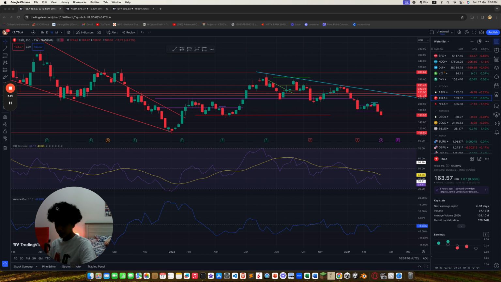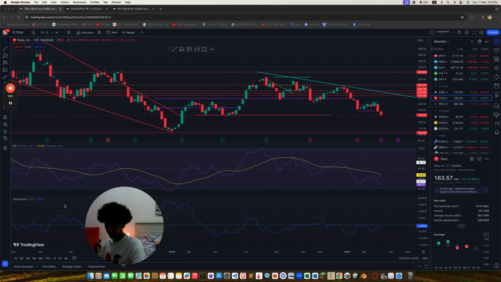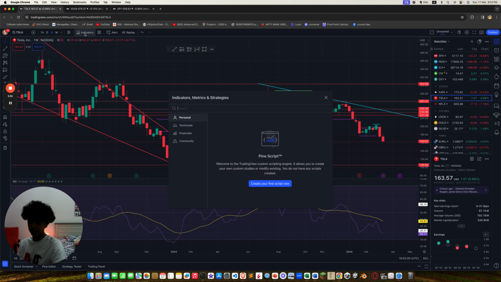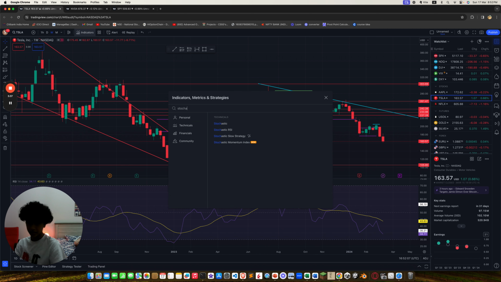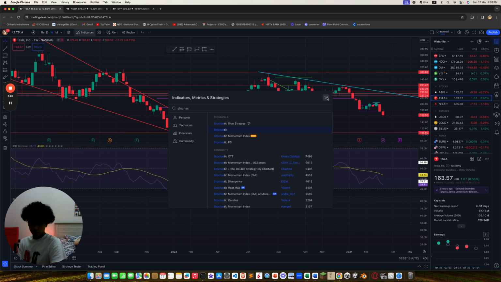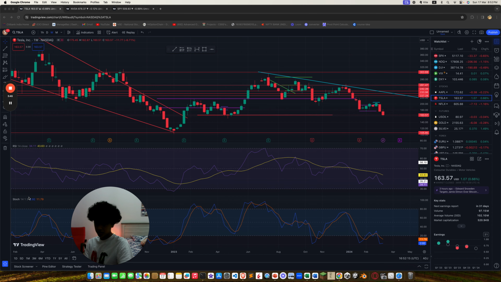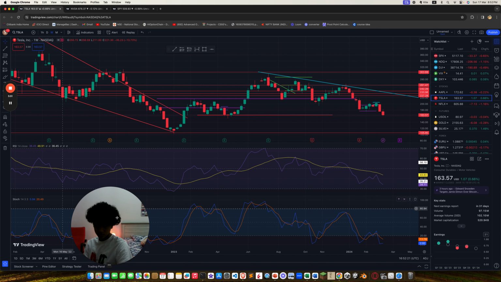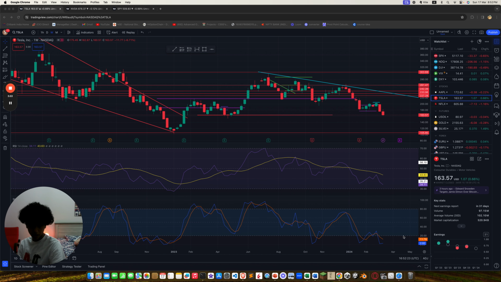But if we even hide the volume here, so if I move my camera really quickly, we remove the volume and add, for example, the stochastic. So these are some things to check just to make sure. Stochastics, for example, if we add it here, all of these aren't slowed properly. So if we change this to 3 and 3 smoothing, we can see that this price action becomes quite a bit different.